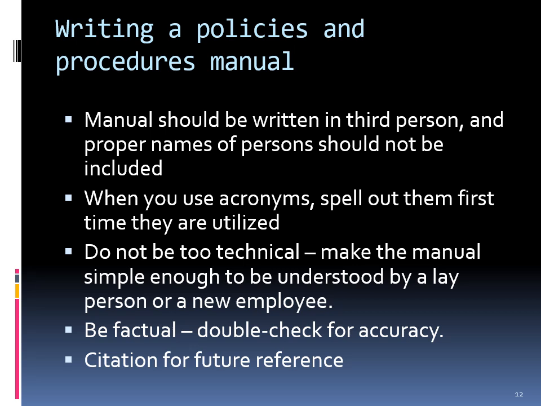Okay, and the policy and procedures should be simple. The manual should be simple enough to be understood by a layperson or a new employee, and it should be clear. It should be accurate. You need to double check for accuracy, and also you need to consider citations for future reference.